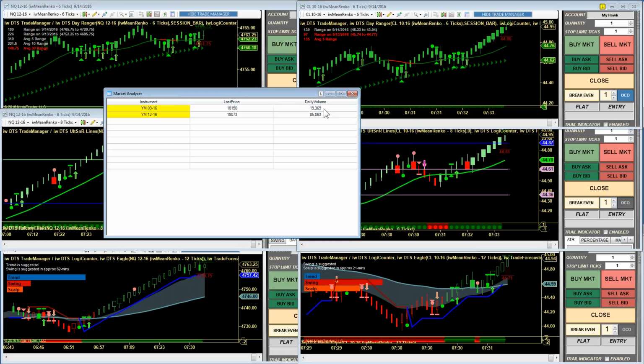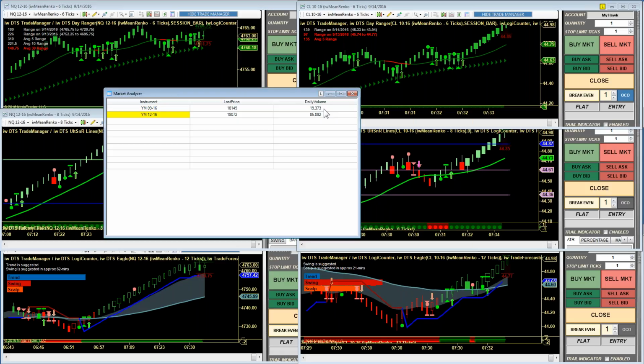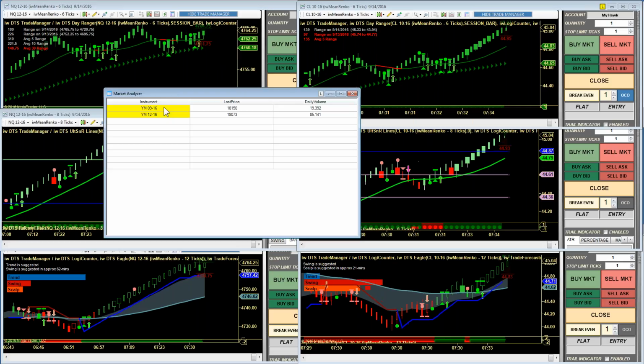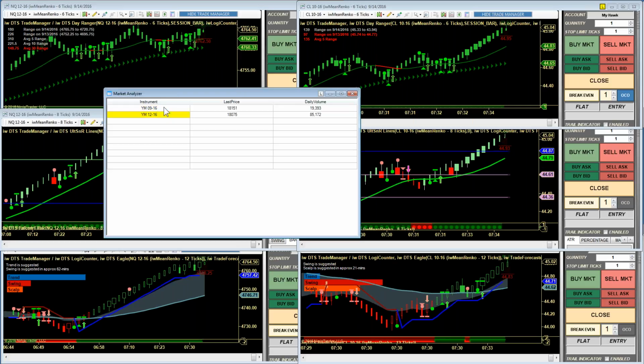Now September is still, there's lots of liquidity there. You've got almost 20,000 contracts being traded today. But the difference is because the September contract is going to expire in a couple of days. It expires by the end of the week.